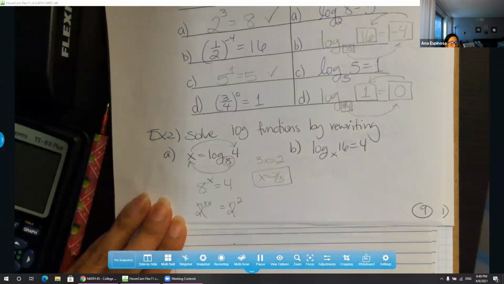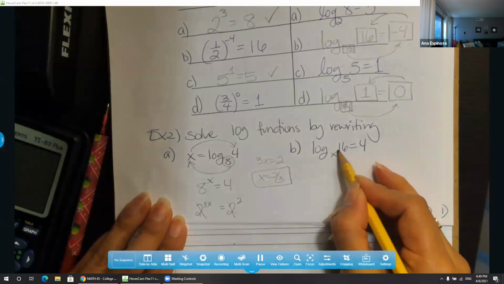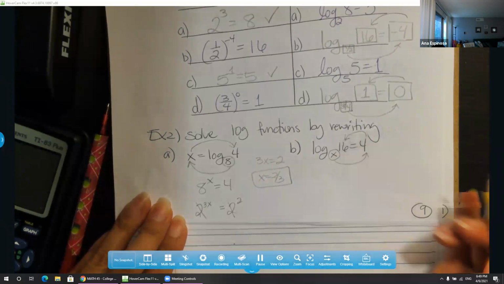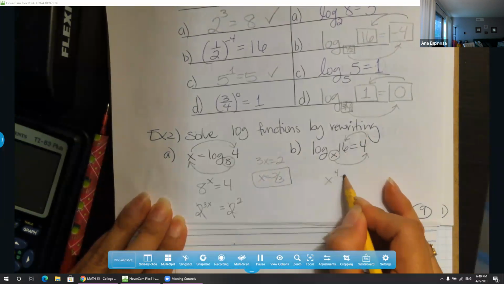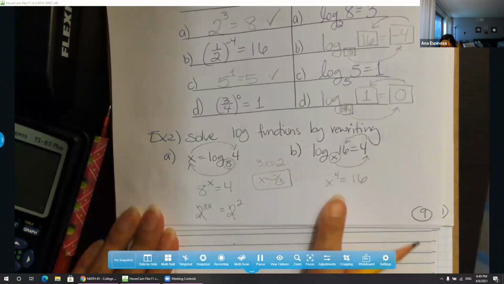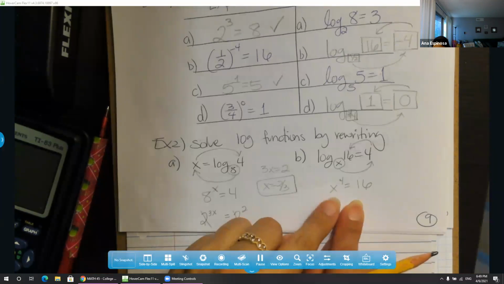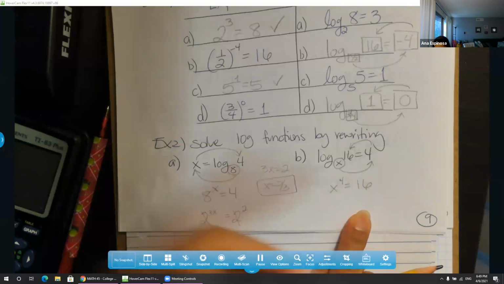This is no calculator. Okay, so the next one, circle the base, raise it to the opposite power, equal to that. X to the 4th equals 16. In this case, I don't have the x in the power, so I don't have to do what I did in 6.2. I don't have to make the bases the same because the base here is x and the base here is 16. Can't do it.